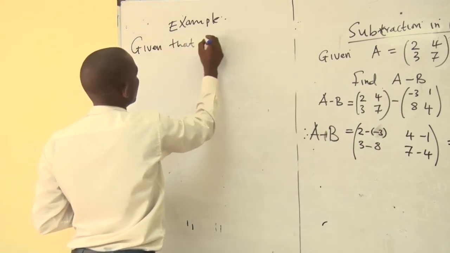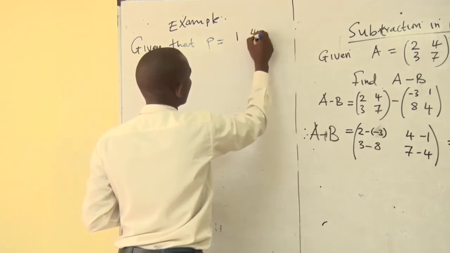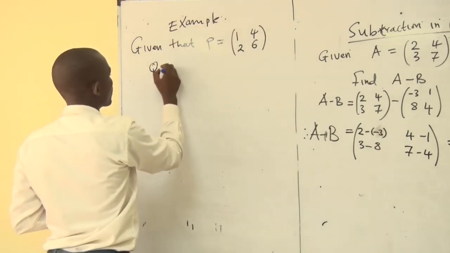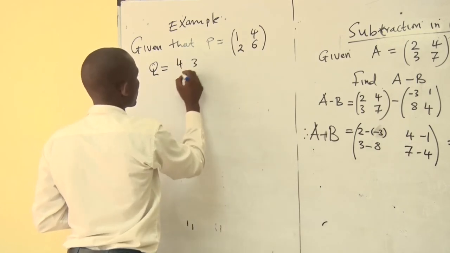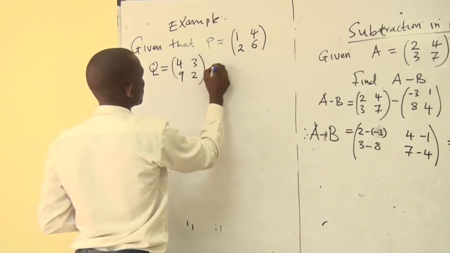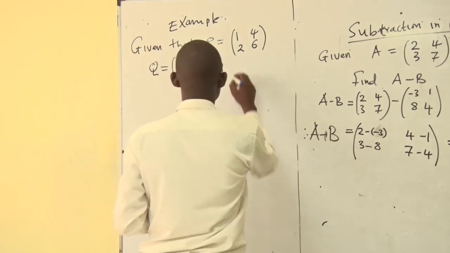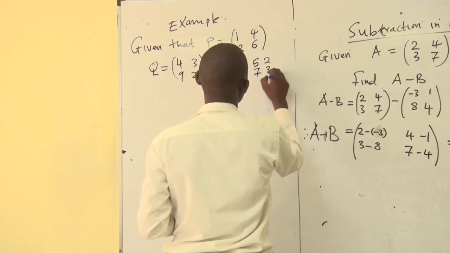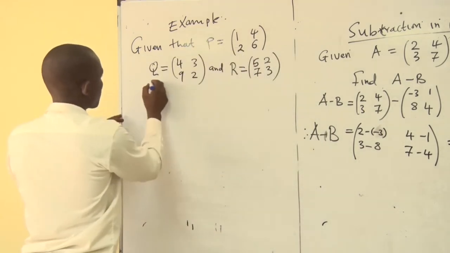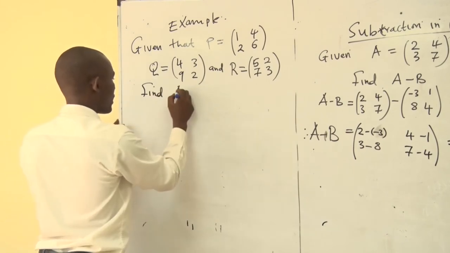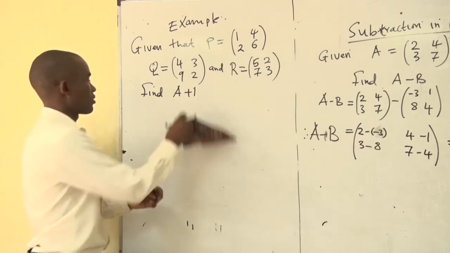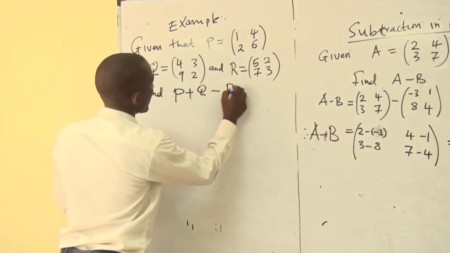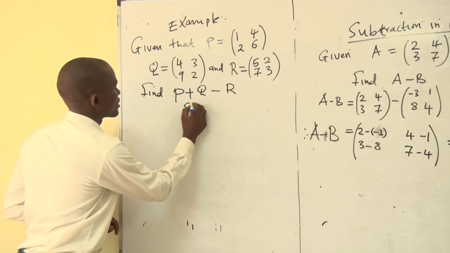Given that P is equal to 1, 4, 2, 6, Q is equal to 4, 3, 9, 2, and R is equal to 5, 2, 7, 3, we are told to get P plus Q minus R. If you are given such a question, what will be the solution?